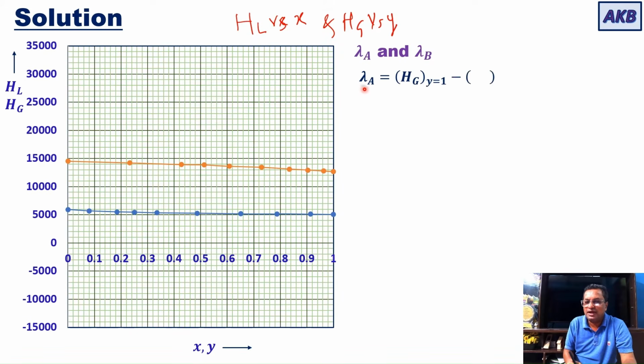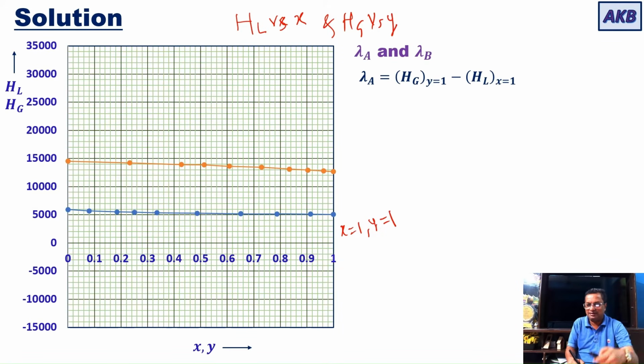Lambda A, the molar latent heat of vaporization of A, will be the distance between the two curves at this end, where x is equal to 1 and y is equal to 1.